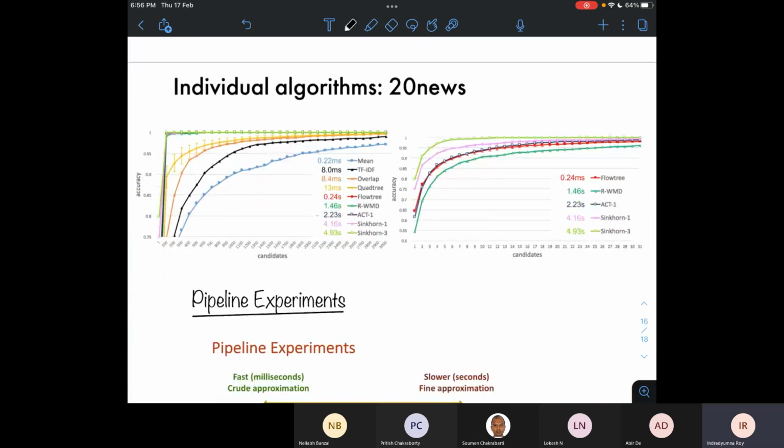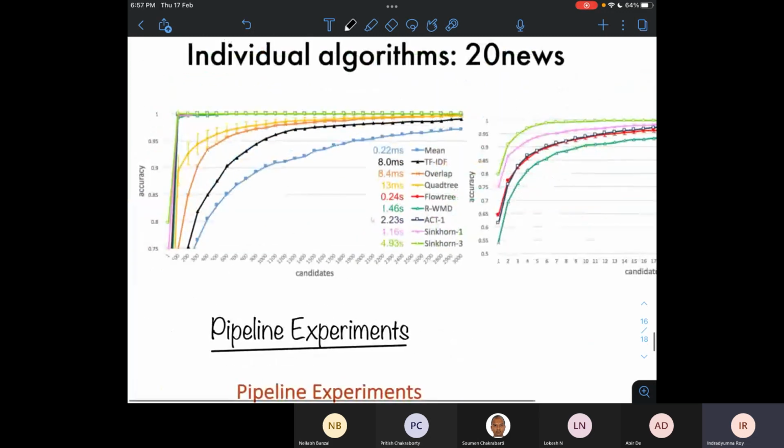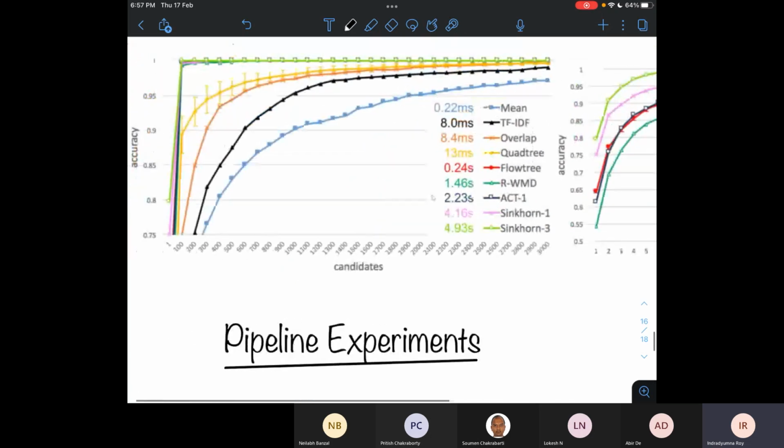So the third thing is the individual experiments where they are checking the accuracy, which here means precision at k. So let's say the system is asked to identify the top k nearest neighbor items, and it proposes some of them. Sorry, it's recall at k, not precision at k. So whatever top k items are proposed by the system, how many of the actual ones are being returned by the system. So there is this big gap, as you can see from this plot.